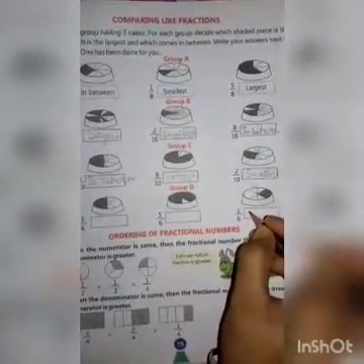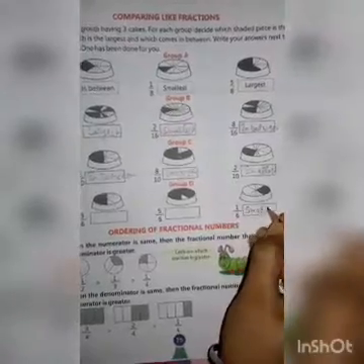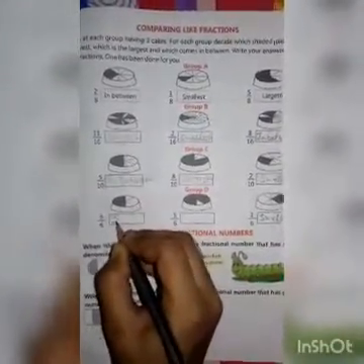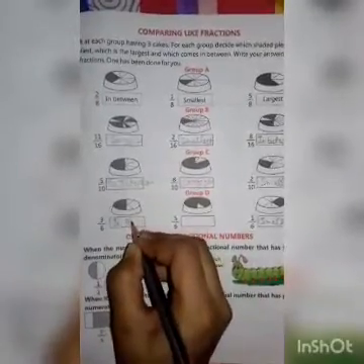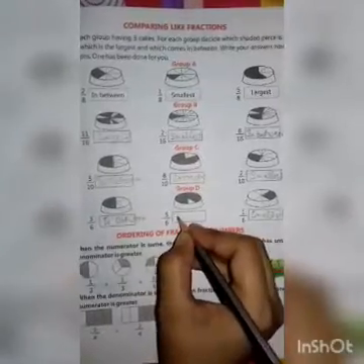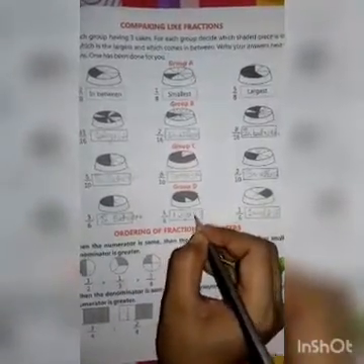Here group D, 1 by 6, this is smallest, 3 by 6 in between, 5 by 6 largest.